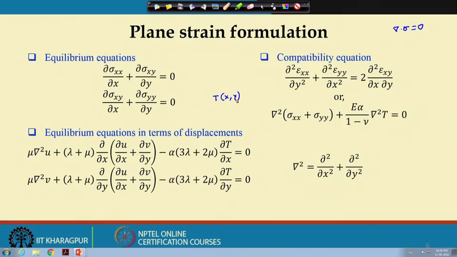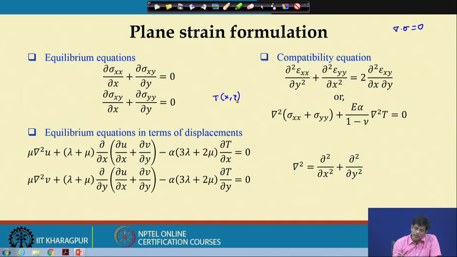Now, since we are following the uncoupled elasticity, T is known to us. So, this will act as a body force in the system, because T is known to you, and once it is known, this will act as a body force in the system.